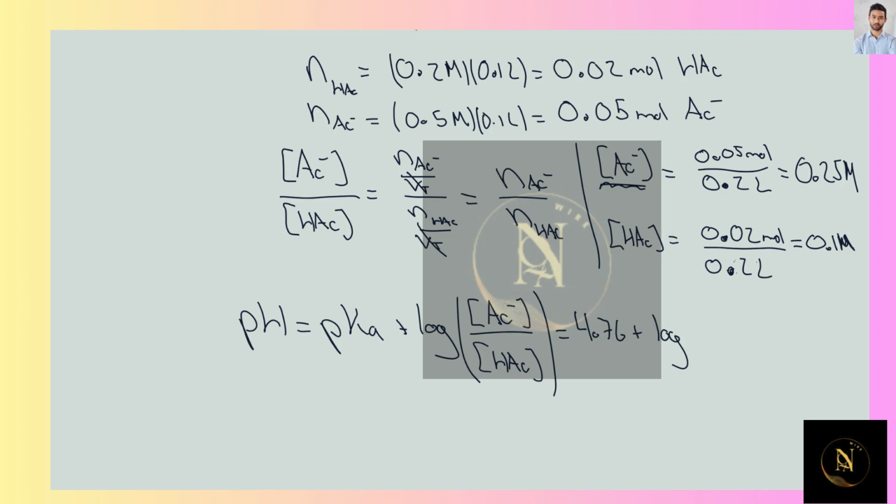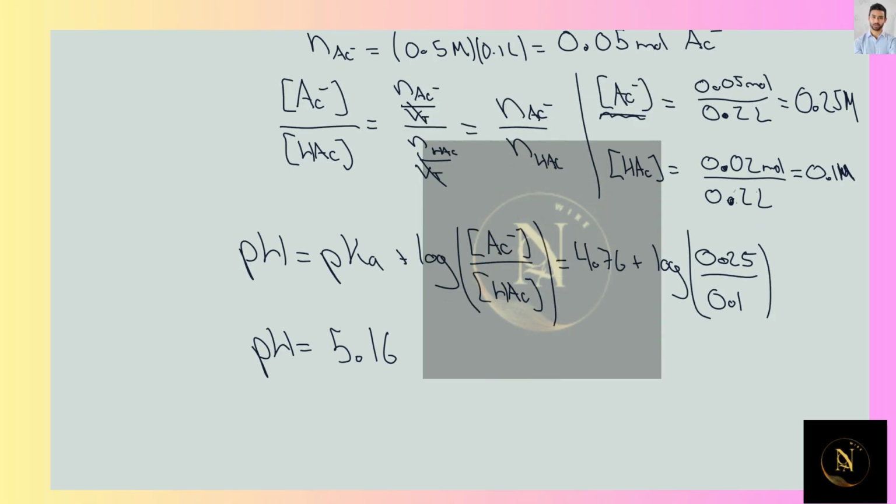Plus logarithm. Here I'm going to use the concentrations just for sticking completely to the definition, but as I showed you, the result is going to be the same. And after doing this operation, we find that the pH will be equal to 5.16. So that is the answer for part A.